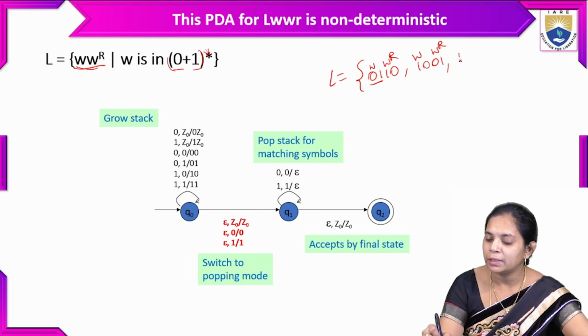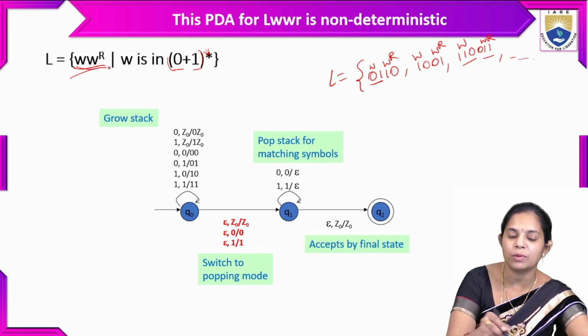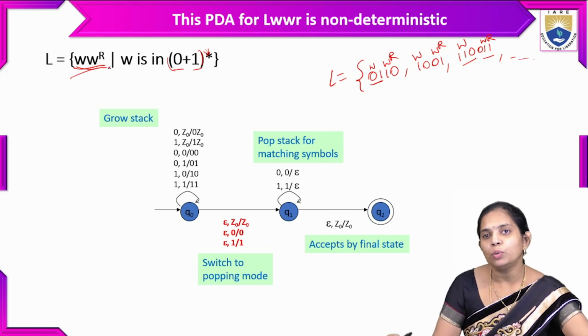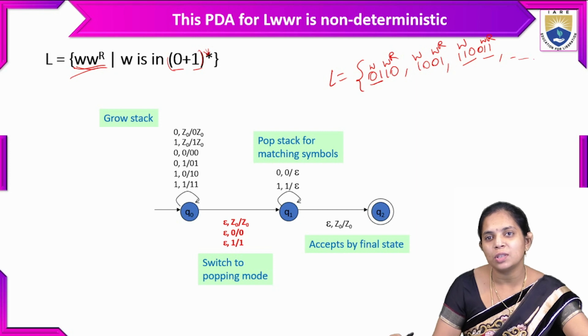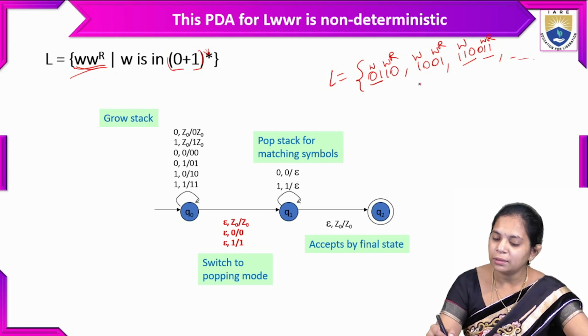And 1, 1, 0 is the W and 0, 1, 1 is the W reverse. This is how we elaborate this language: the word W which starts with either 0 or 1, followed by W reverse.